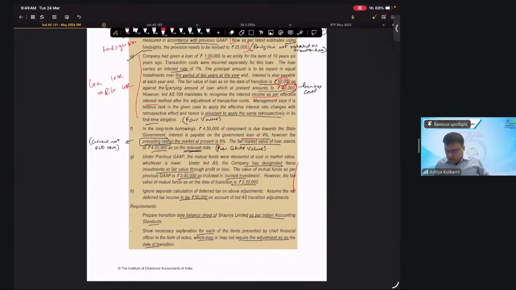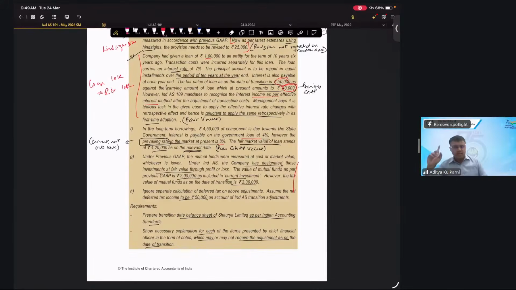In the long-term borrowings, 4,50,000 component is due towards the state government. Interest is payable on the government loan at 4%. However, the prevailing rate in the market is 8%. The fair market value stands at 4,20,000 on the relevant date. So what are you going to do with this? You need the interest rate prevailing at the date when you have taken the loan.